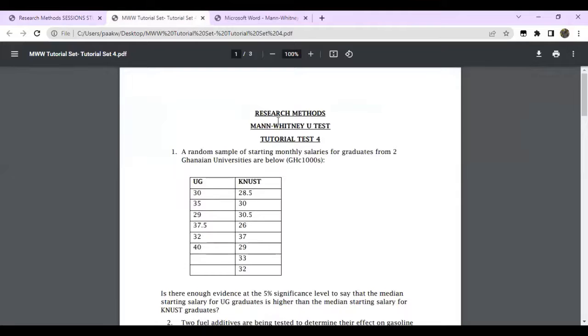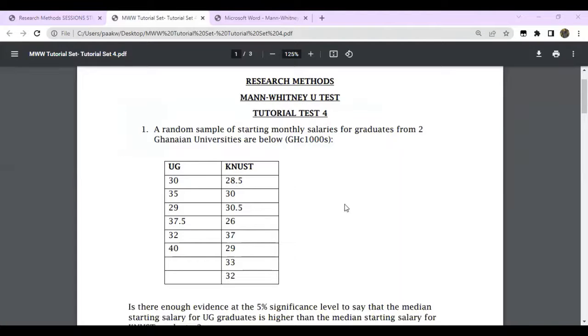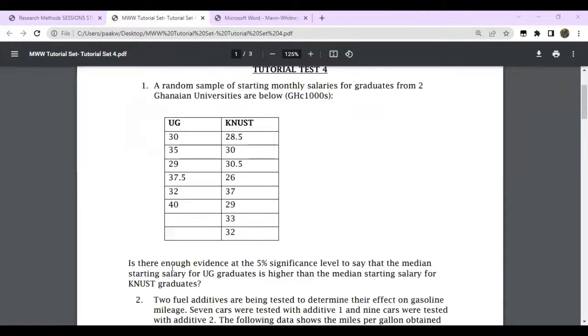Read the first question. Can you see the question? Yes. A random sample of starting monthly salaries for graduates from two Ghanaian universities are below, in thousands of Ghana cedis.